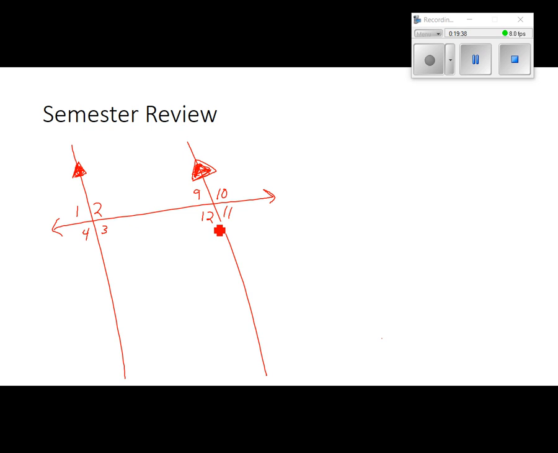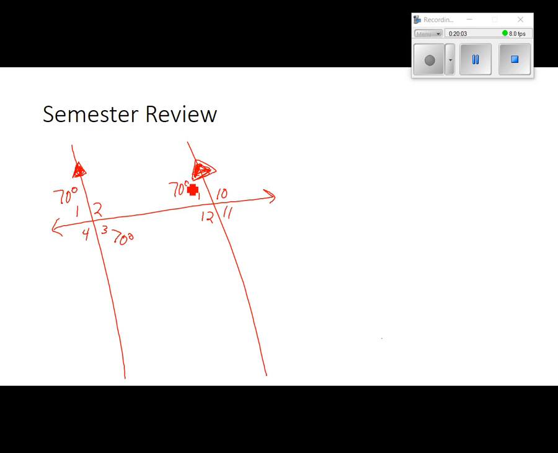Angle 1 is 70 degrees. So let's write 70 in there. Tell me another angle that we know now. 3. What's 3? 70. What else? 9. What's angle 9? 70.